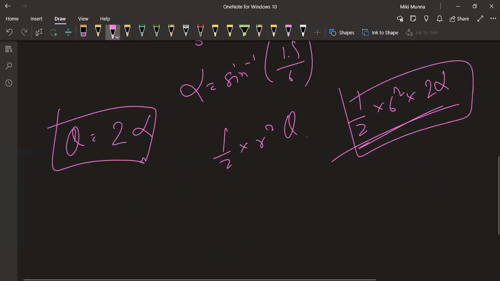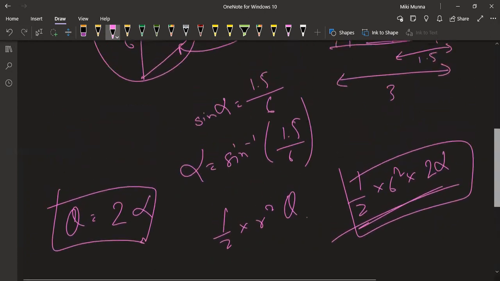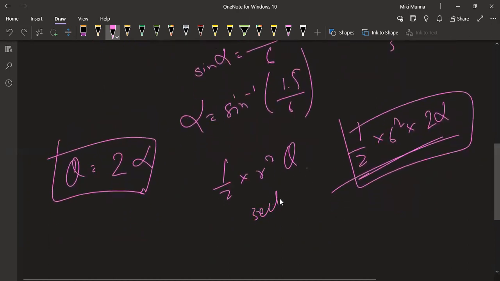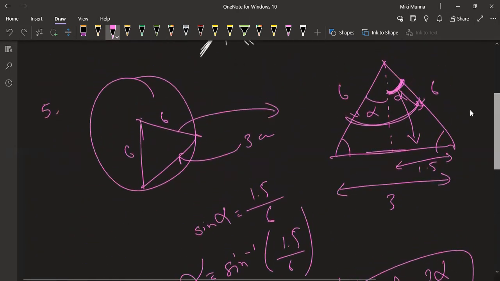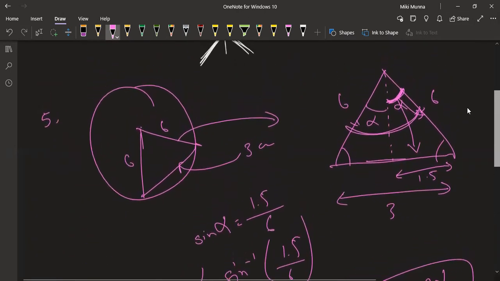Before finding the segment area, we have this triangular area to find. For this triangle, we have this theta, and we have both the sides.